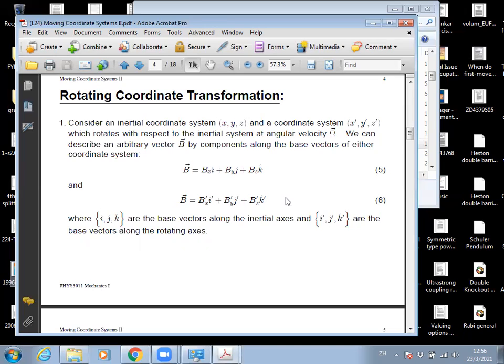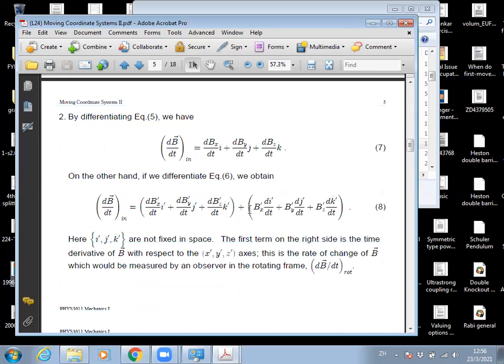The second term involves the time derivative of each basis vector. All right? Okay, so the rate of change of a vector measured in the inertial frame is equal to the sum of these two contributions observed in the rotating frame.